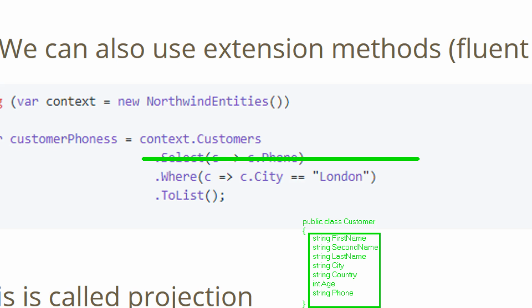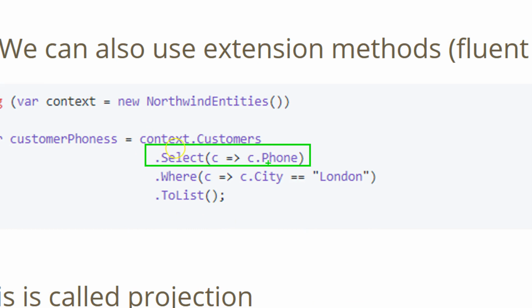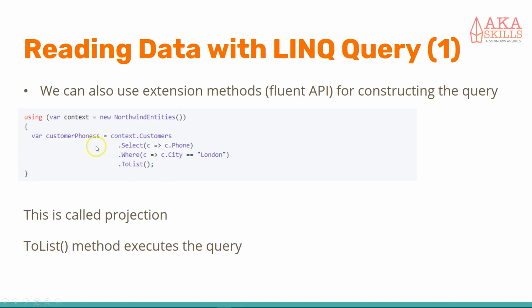So very important to know is to take only what you need. Here I need customer phones, so I don't care about their names or last names or ages or country or anything else. I care only for their phones, and that's why I'm saying here select c.phone, and that's important to keep in mind.